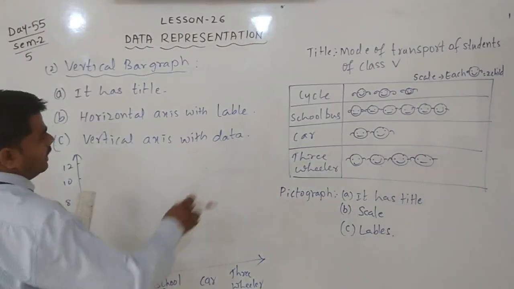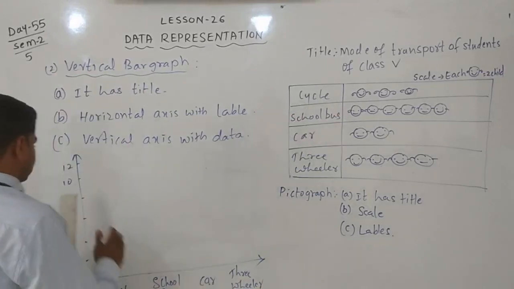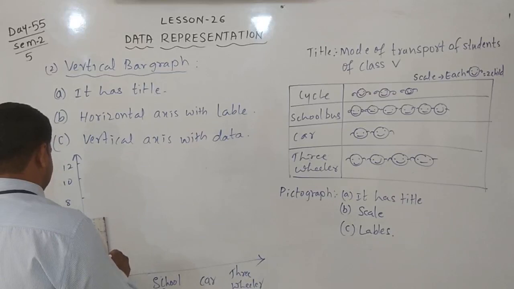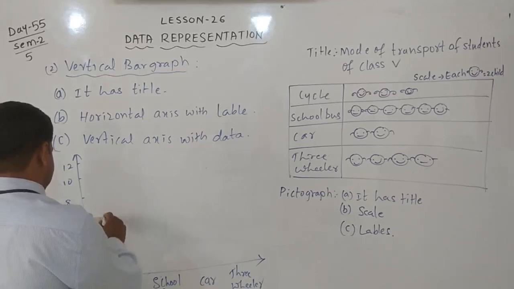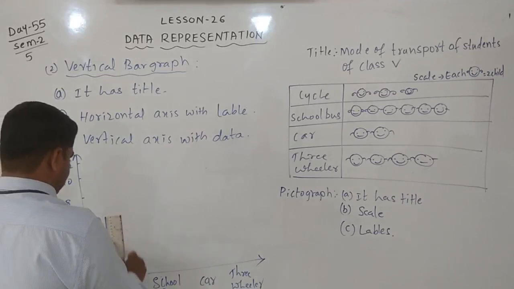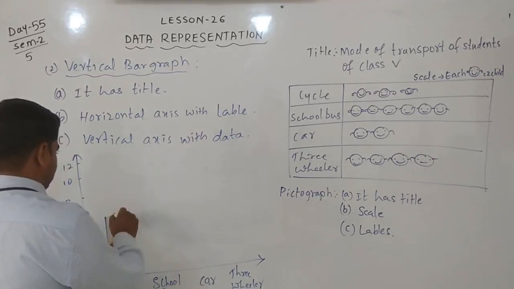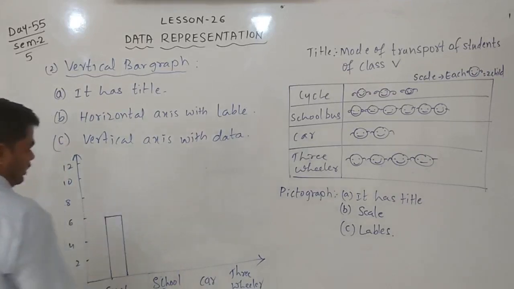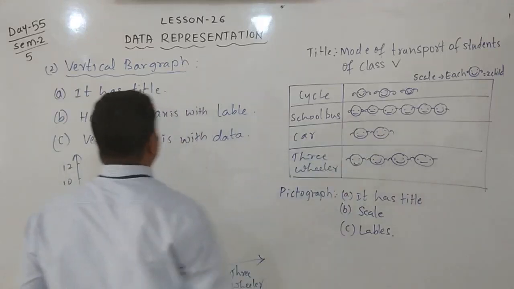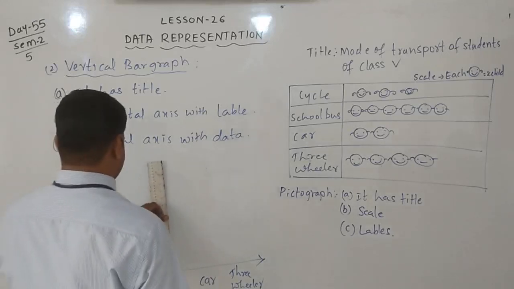By cycle, how many are coming? 6 children, so the bar is equal to 6. We can draw the box. This is 6. Then school bus, 12 children.